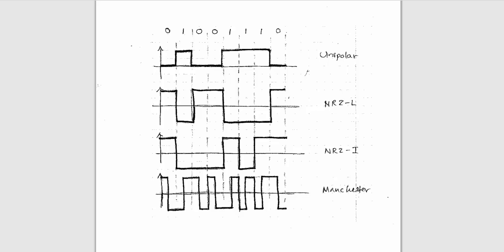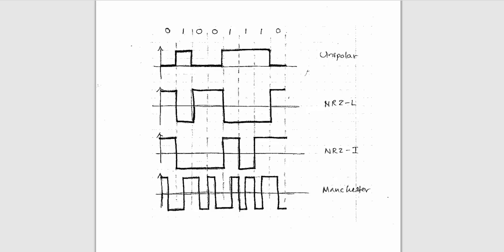In NRZI, we have to make a transition when we meet bit 1. In this example, the signal started from higher level. Therefore, for 0 it starts from higher level. Then when it meets 1, it should make a transition, and then it will go down, and there are 2 zeros. That means no transitions are there.